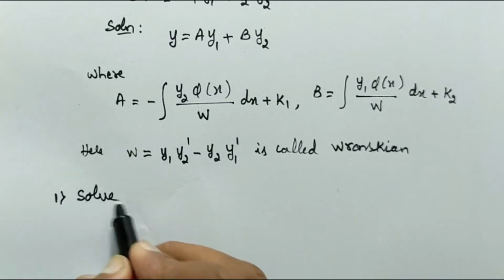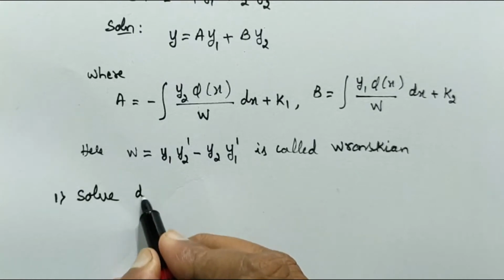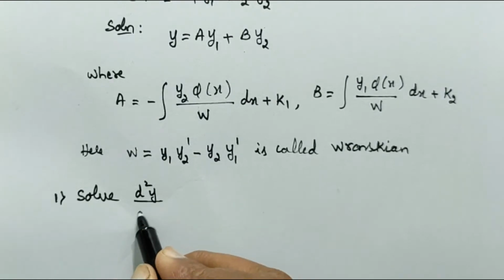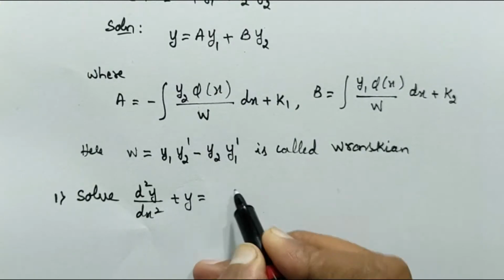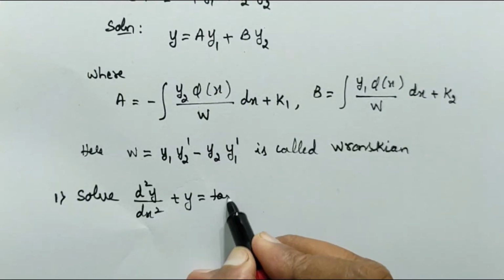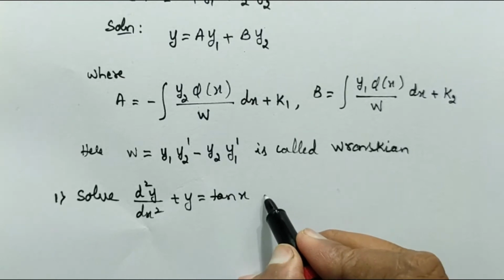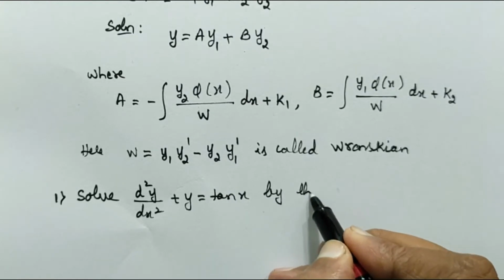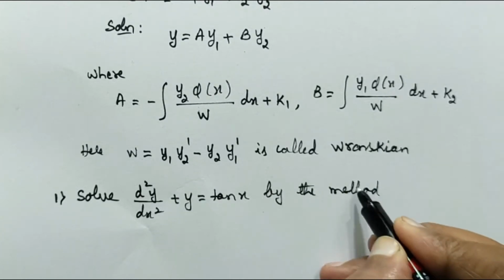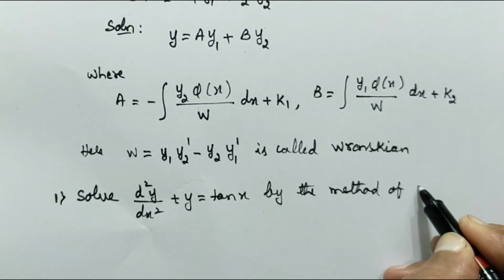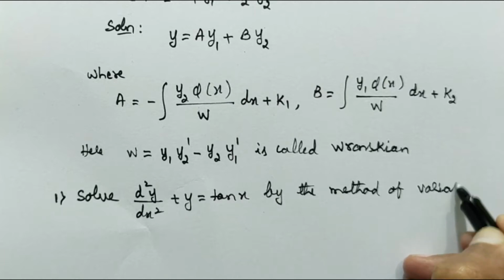Solve d square y by dx square plus y is equal to tan of x by the method of variation of parameters.